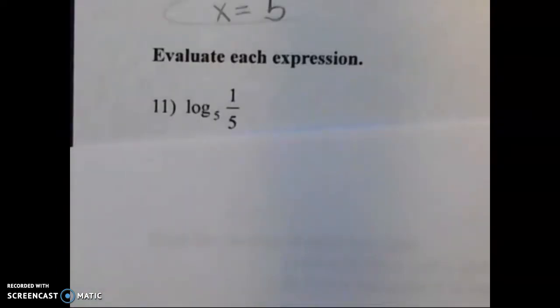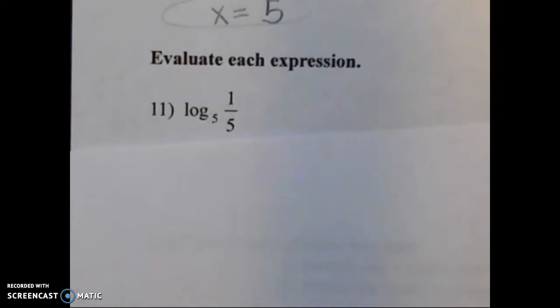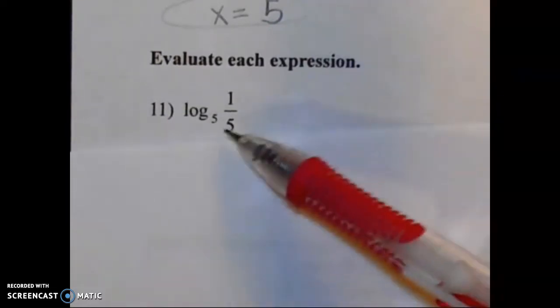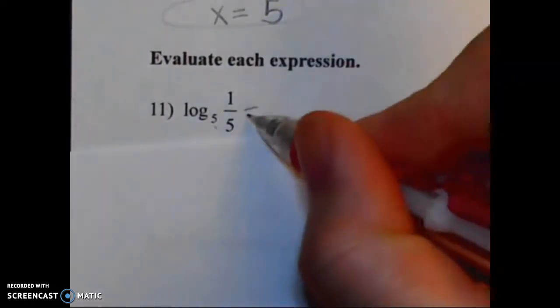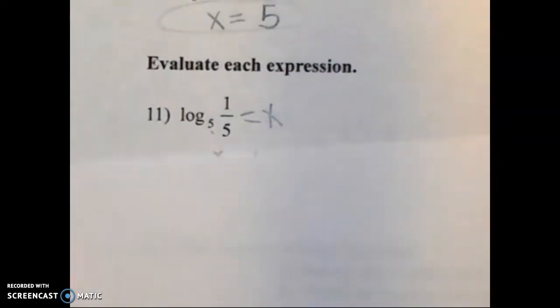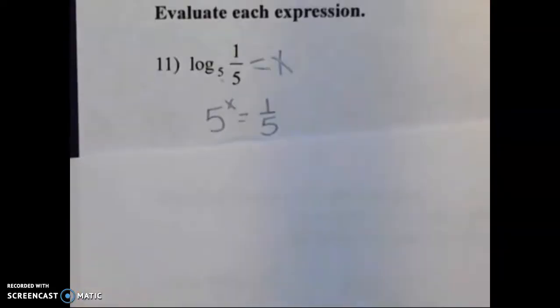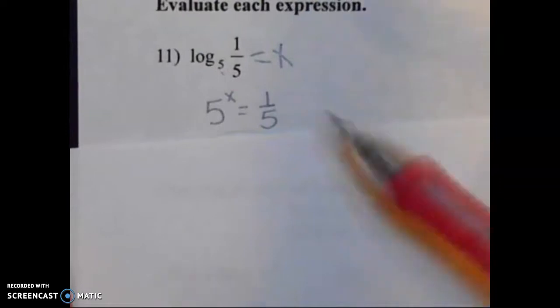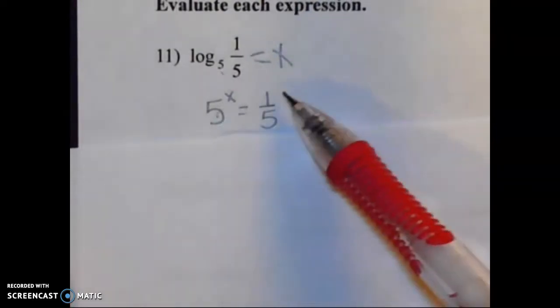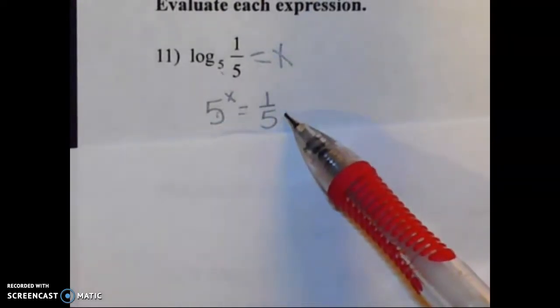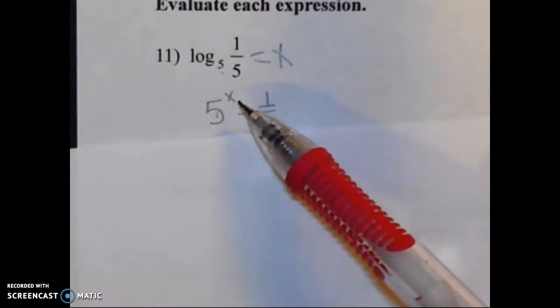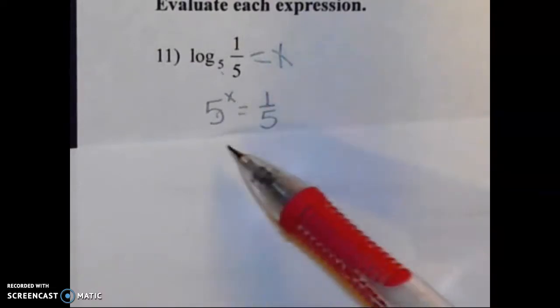Uh-oh, it's a little fractiony here. All right, here's the scoop. If you have a base of 5 and your exponent is an x and you're trying to figure out how to get from a whole number to a fraction, your exponent has to be negative. Write that down in your notes.